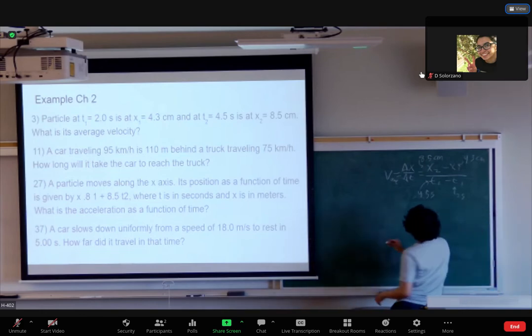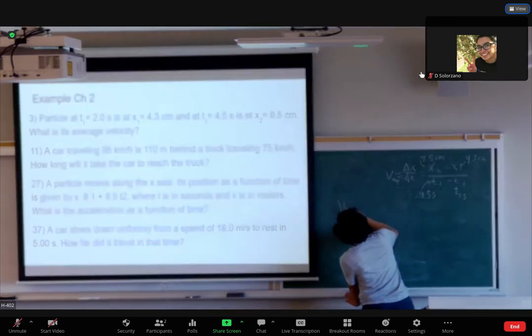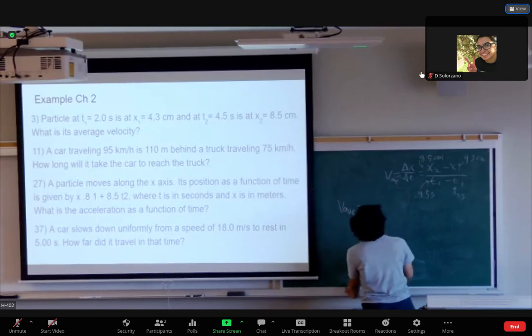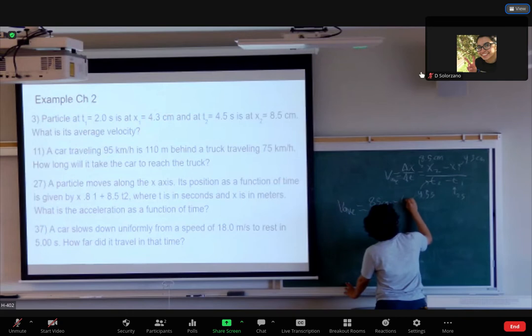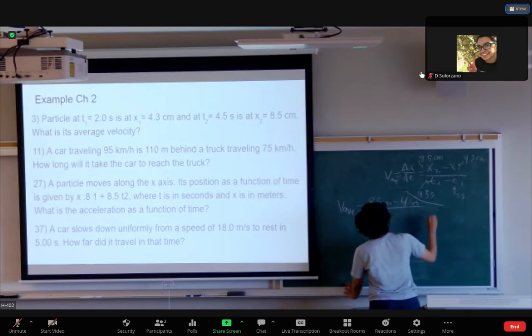So that means that the average is going to be 8.5 centimeters minus 4.3 centimeters over 4.5 seconds minus 2 seconds.